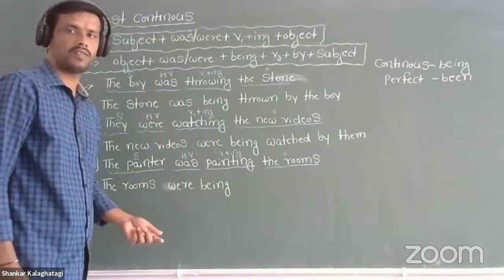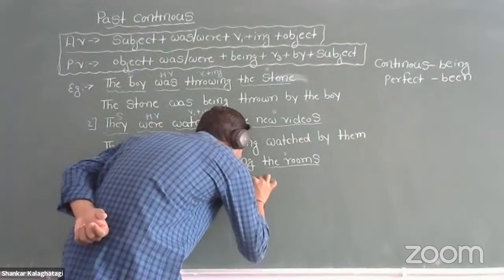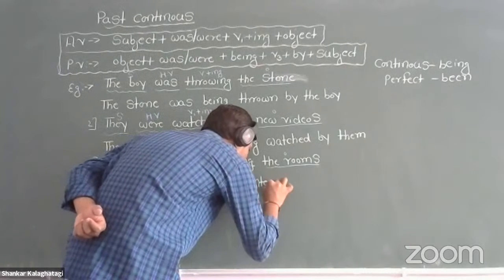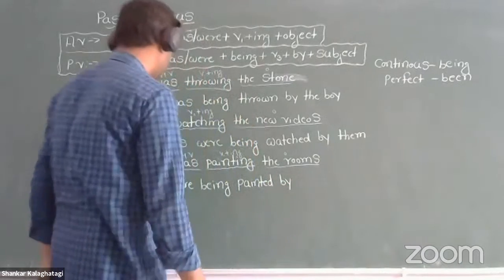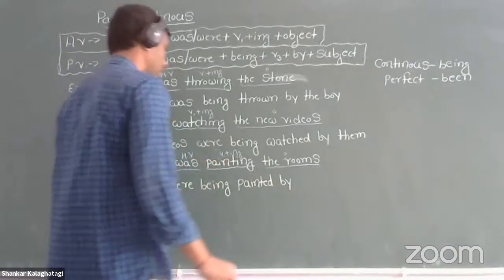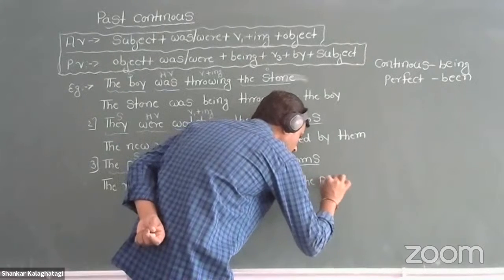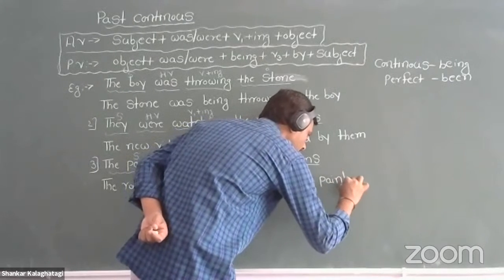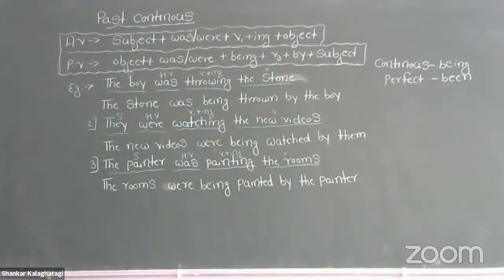We have to write its third form, painted. Painted by. The rooms were being painted by the painter. So this is the third example that we have given.